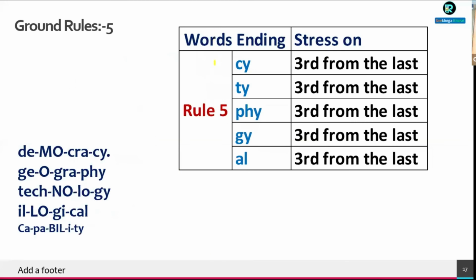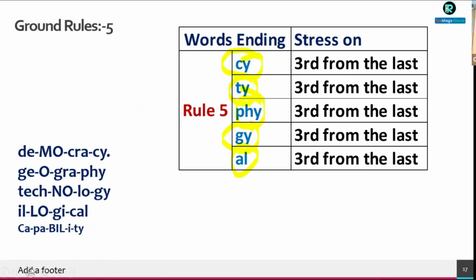So when there are words ending with CY, TY, PHY, GY, and AL, if these are the syllables at the end of the word, we stress on the third syllable from the last.